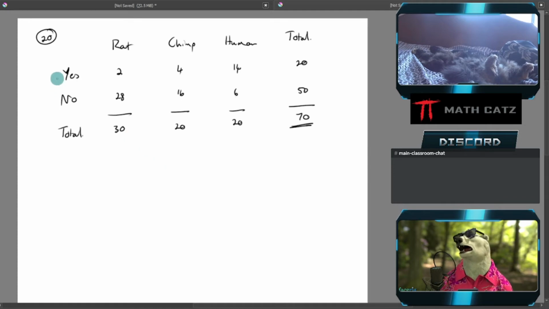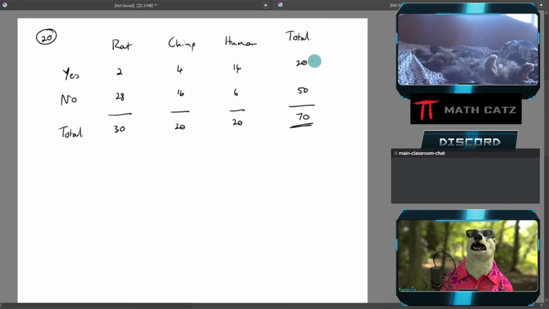So now I look at the yes row and the no row. Overall, if I merge all of these, there were 20 out of the 70 that were yes, they were able to learn the task, and 50 out of the 70 said no, they were not able to learn the task.